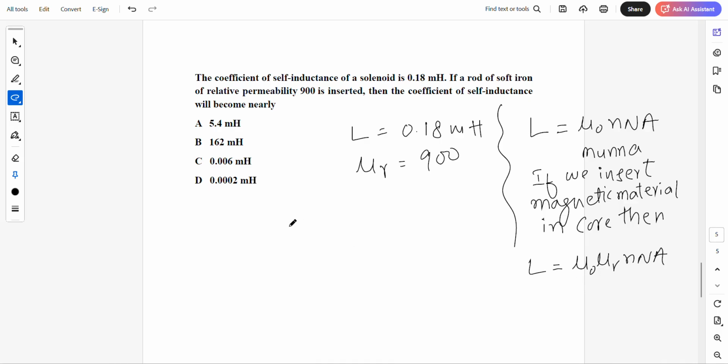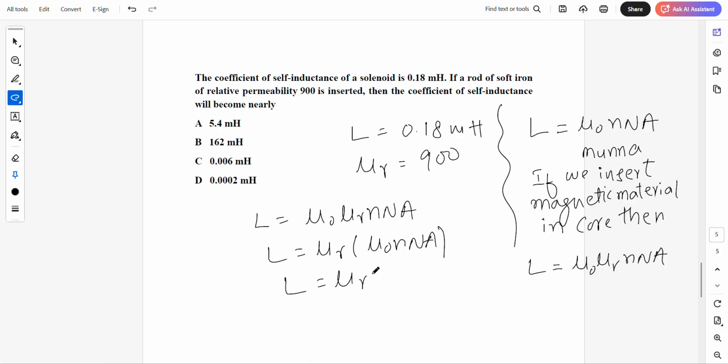That is the only change. So what is the formula for L if we insert magnetic material in the core? L is equal to mu naught into mu r into NNA. That is the same as L is equal to mu r into mu naught into n into NA, that is L is equal to mu r into L.